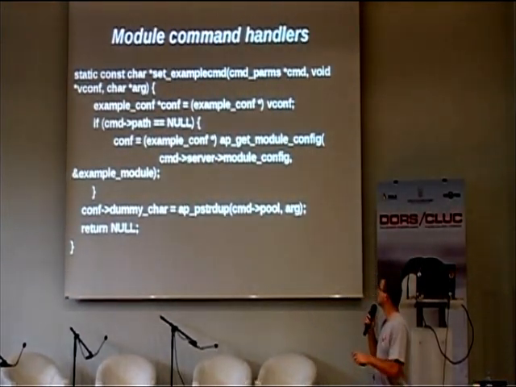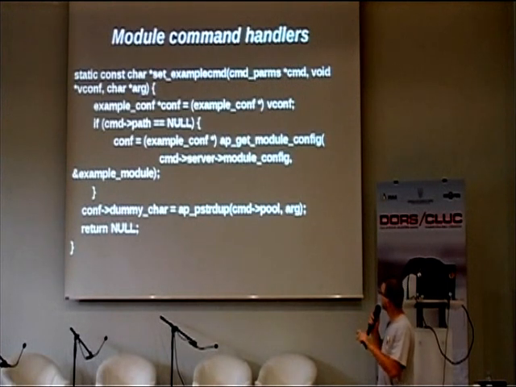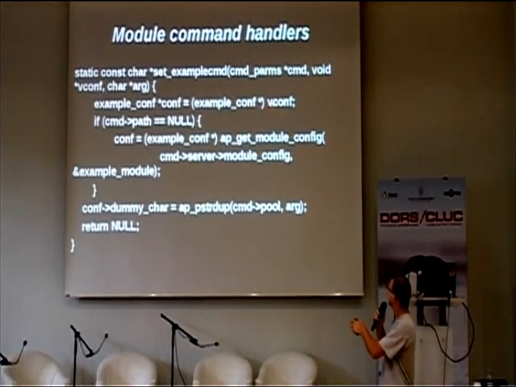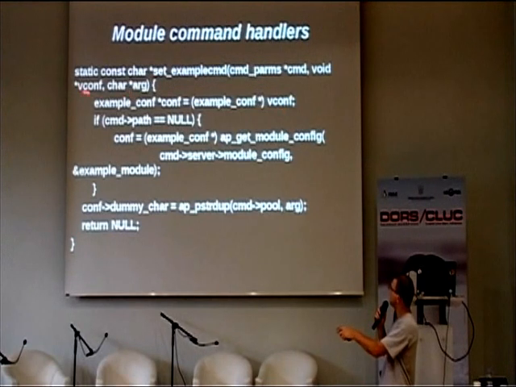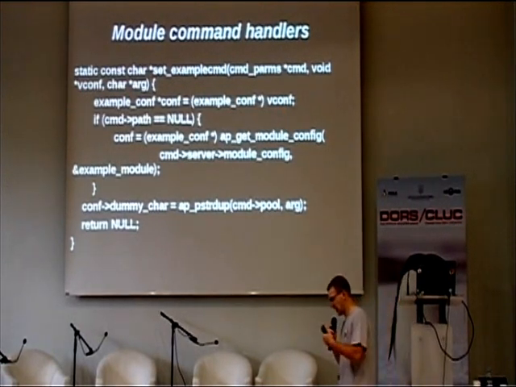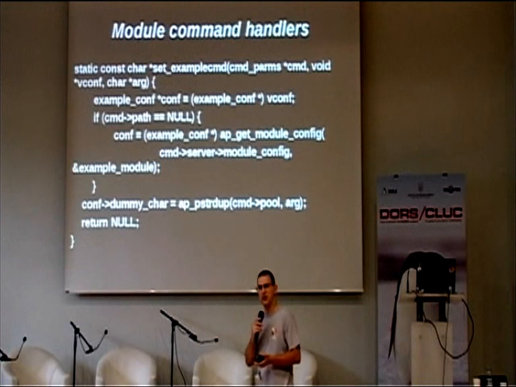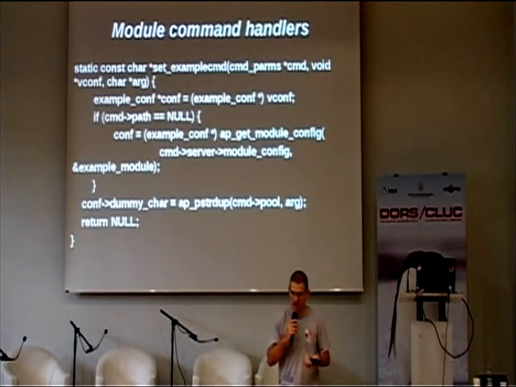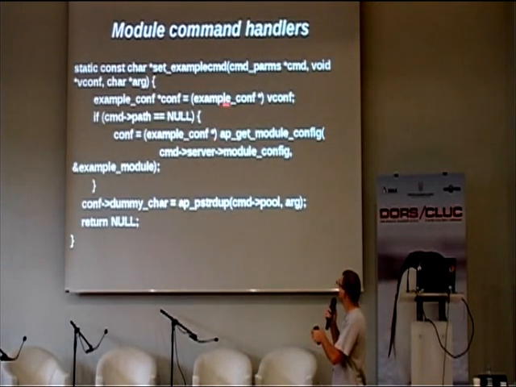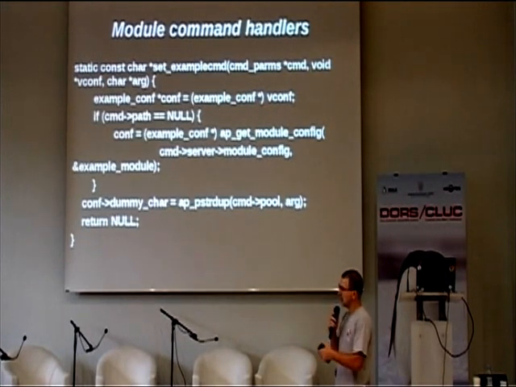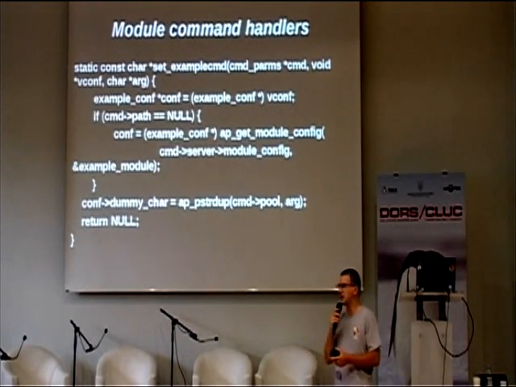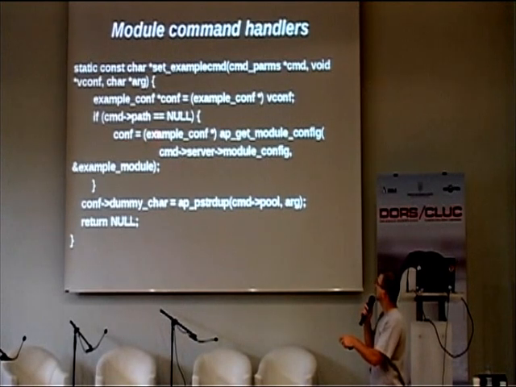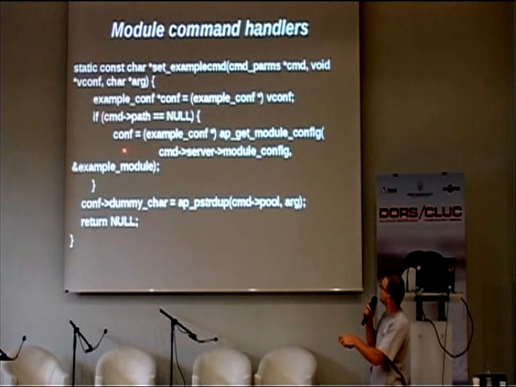There is a little bit of difference between the configurations. So vconf that you see here is handed to the function when you're parsing the HTTP config. By default here, this is the directory config, which means that in this case you can check the cmd parameter here and check for the path from this structure.